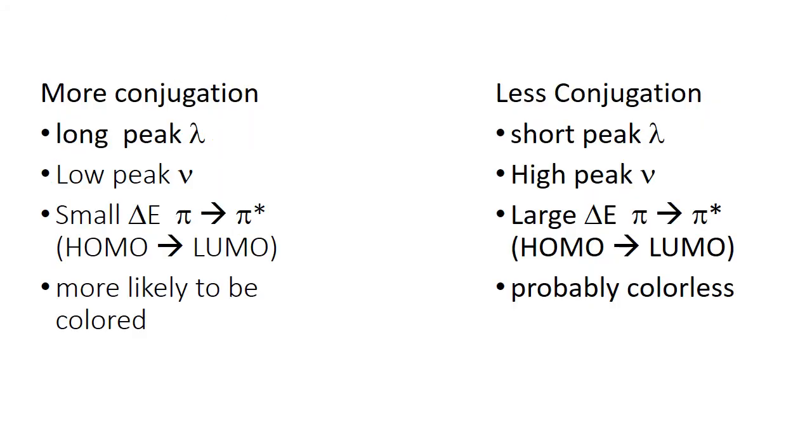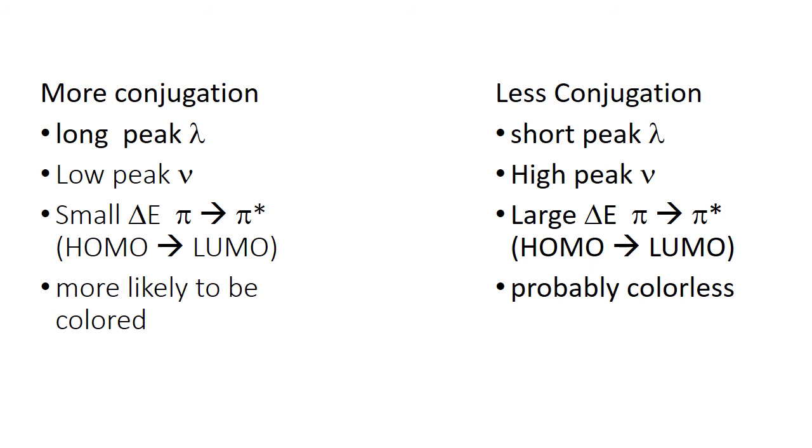You should be familiar with the relationship between wavelength, frequency, and energy difference from lecture class. The more conjugated a molecule is, the longer the peak wavelength absorbance will be. Longer peak wavelength is going to correspond to a lower frequency and a smaller energy difference.